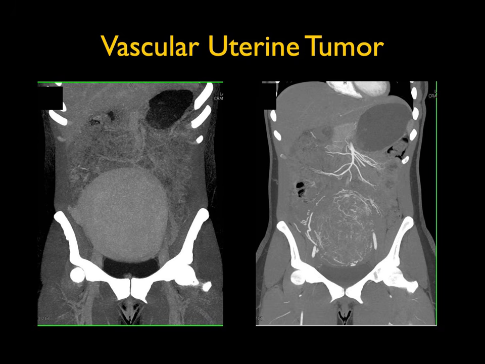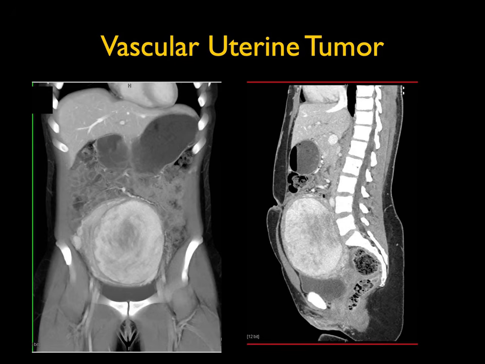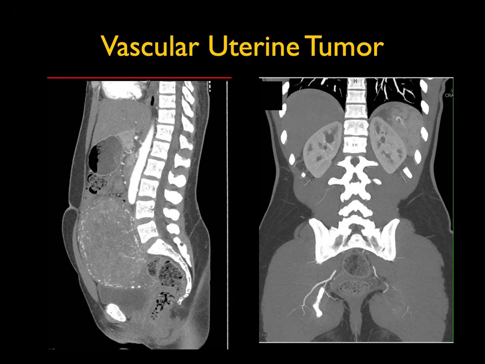Another case, large uterine tumor that's vascular. You can see a vascular uterus in the postpartum state, and that's what you may be seeing. You could see it as a large fibroid. You can see a leiomyosarcoma being very vascular.